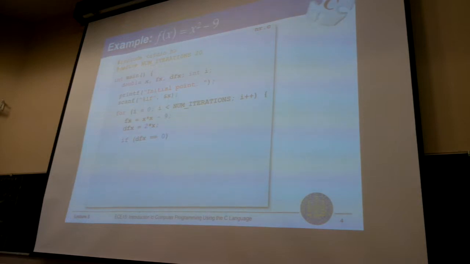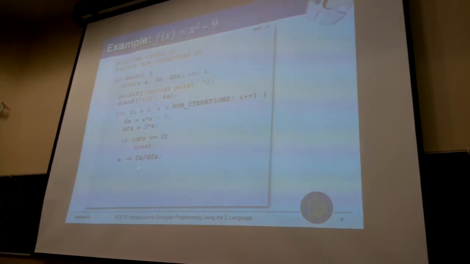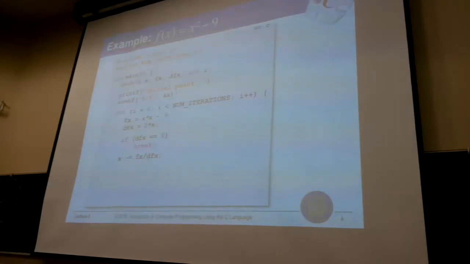We check to see if that derivative value is equal to 0. If that's the case, we have to break out of our loop early because we don't want to hit a divide by 0 error. If it's not equal to 0, we can calculate the next iterative step in Newton-Raphson. If you remember, to calculate that, we just take our previous guess, x, and subtract off the ratio of f of x and the value of the derivative of f at x.